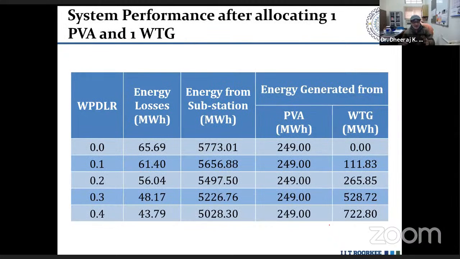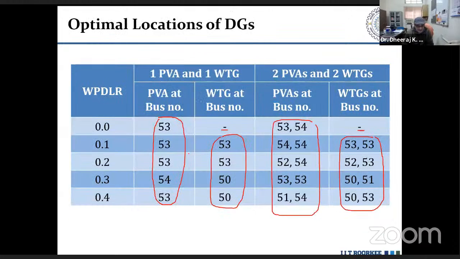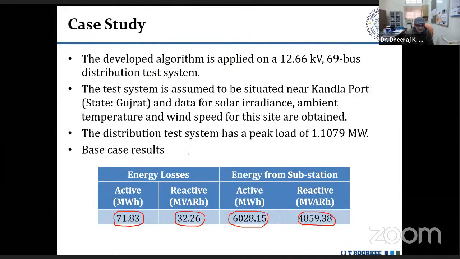So now we can summarize the performance of the system. If we allocate one photovoltaic array and one wind turbine generator, when the wind power to load dispatch ratio is 0, the energy losses are this much, and the base case value is 71.83.